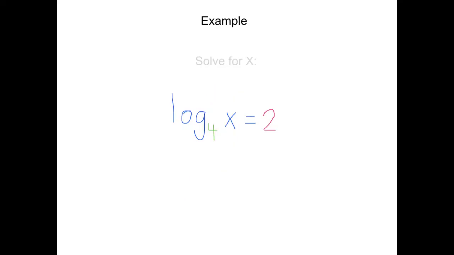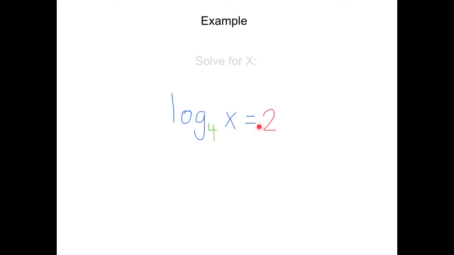Okay, so we have another example here. We have log base 4 of x gets us 2, and of course, we solve for x. Notice I switched out the question mark from before for an x, because I'm sure you're not going to have that many question marks in your everyday math problems. So log base 4 of x gets you 2.